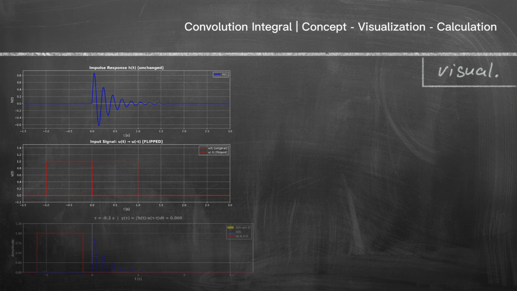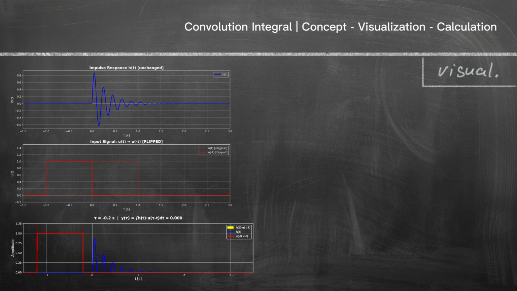And now, when we let tau move forwards, you can see how the impulse response function stays fixed, while the input signal moves along with tau and shifts across h. After each step of tau, the area under the two curves is evaluated. For space reasons, I've shown only the positive y half of the plot.